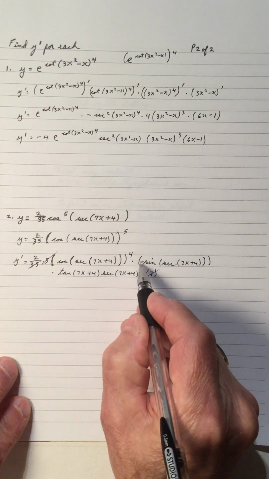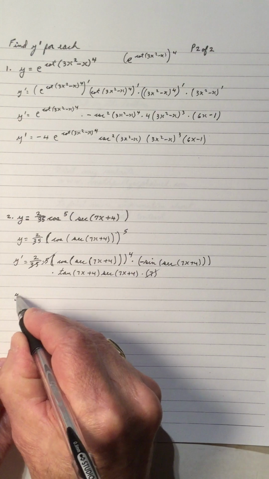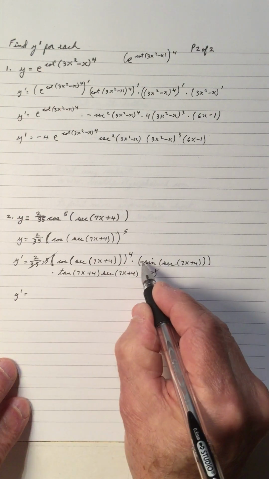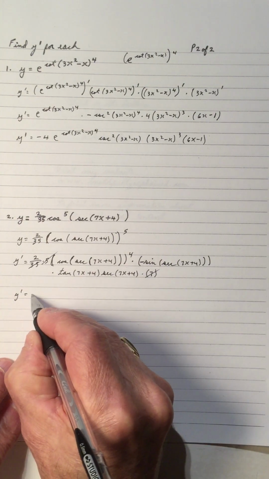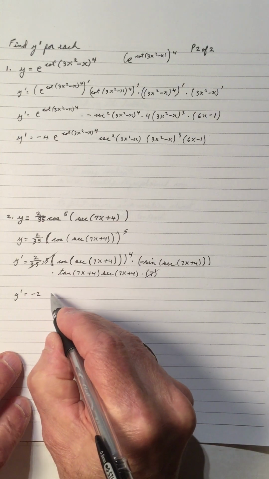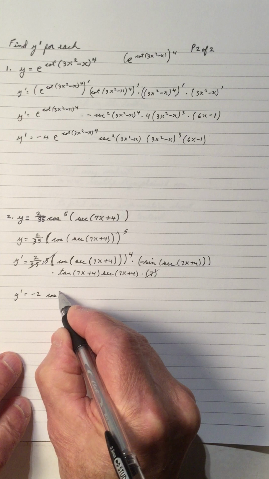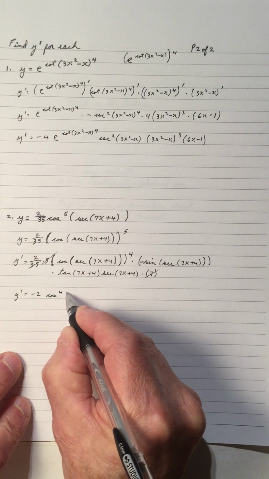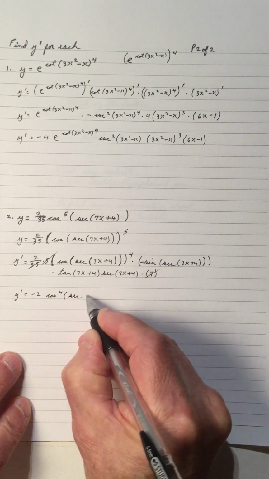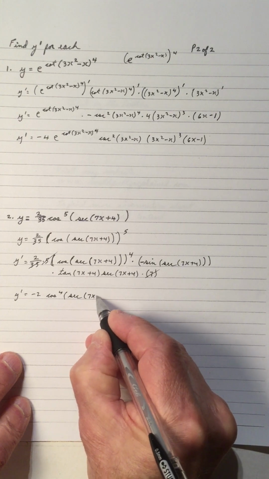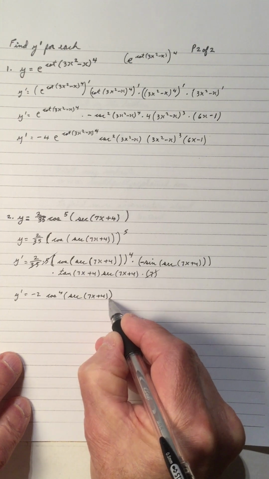Derivative of cos is negative sine. So, we have negative times 2, negative 2, and we have the 4th power, so it's cos. I'm going to put the 4th power here. And we have secant of 7x plus 4.